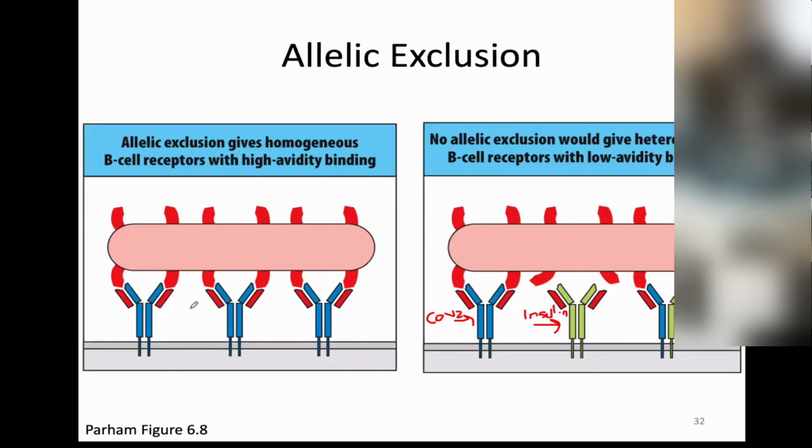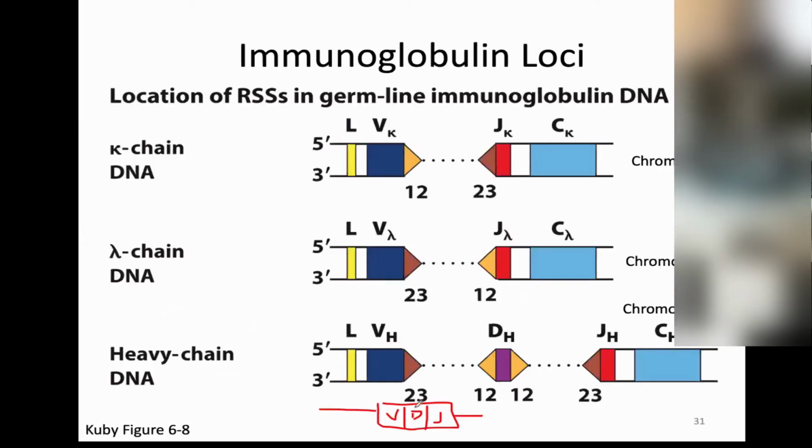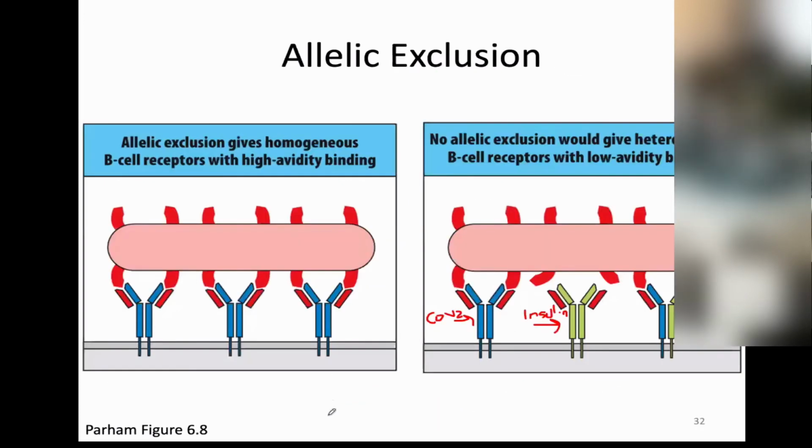Whereas if all the receptors are the same on the cell's surface, you could get some pretty strong binding. So we don't want this to happen. We want the cell to use one allele and not the other. We want it to leave one allele out, which you could also say is to exclude that allele, which is called allelic exclusion.